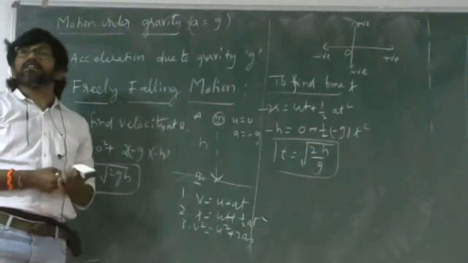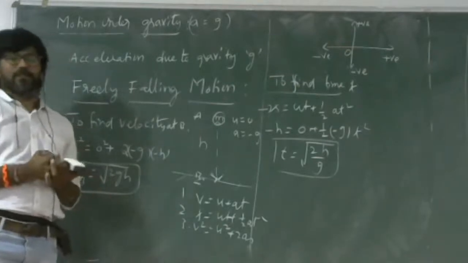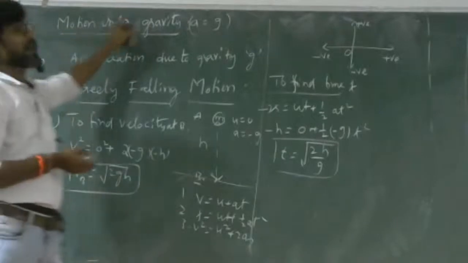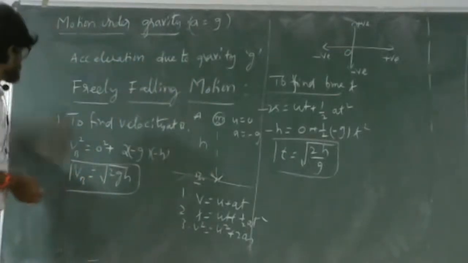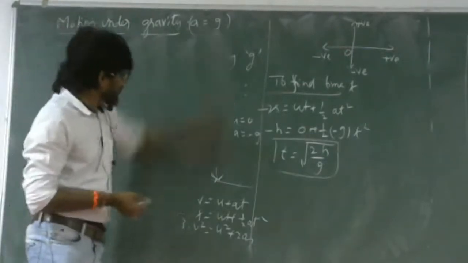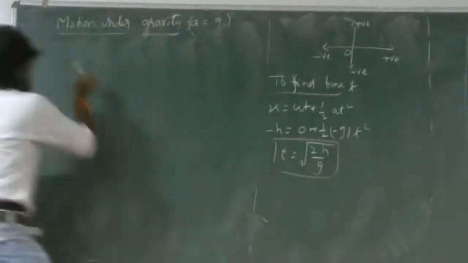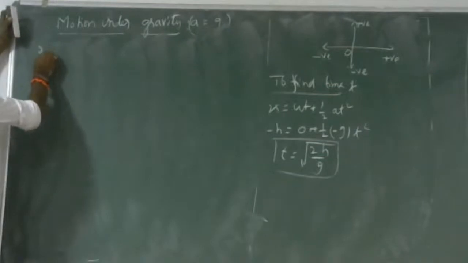Whereas the next case is the vertically projected body case. That is also another example of motion under gravity. Yes, let us see that. Let's write down the subheading: the body projected vertically upwards. This is again another example of motion under gravity.